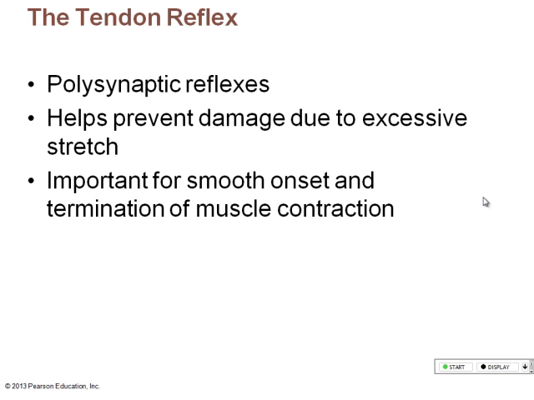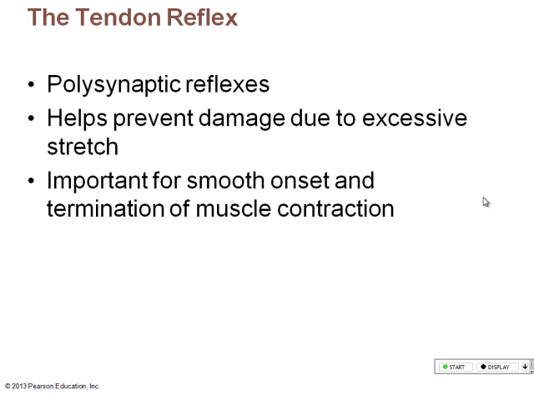So we have receptors in tendons, which we just talked about a second ago, that are going to help us coordinate movements. It helps prevent damage due to exercise, and is important for smooth onset and termination of muscle contraction. We don't want to keep contracting muscles too strongly, because we can actually cause damage to any given muscle group.